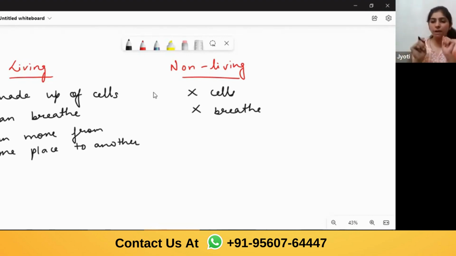A touch-me-not plant: whenever you touch it, its leaves get curled. That is a type of movement which a plant shows. So plants also show movements like animals. Living things can move from one place to another, can breathe, and can give out waste from the body.